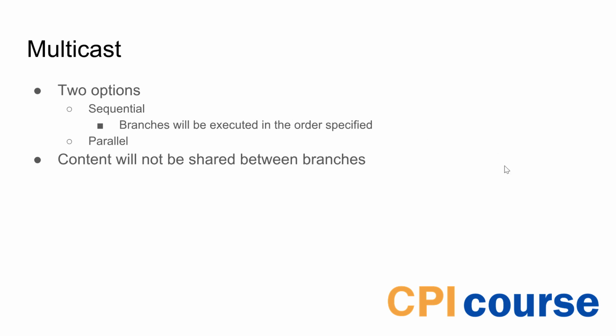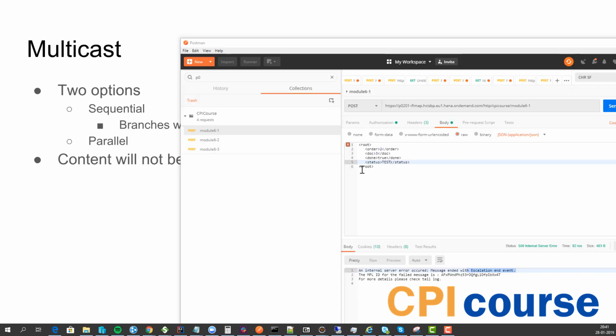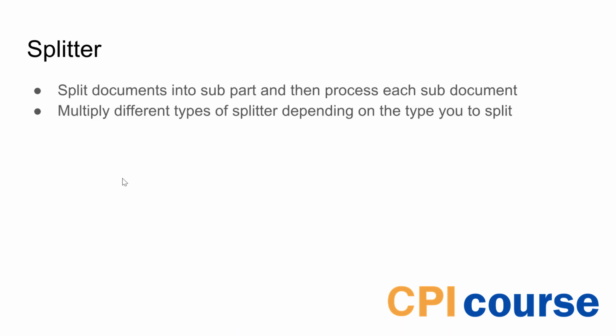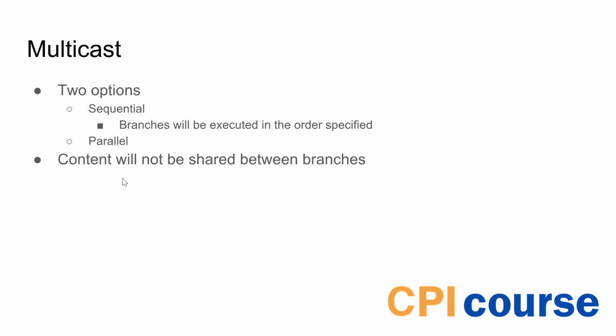And the benefit of using that one is that these branches, once the message is started, it will process the first branch it has in order, then it will process the next branch that it has in order.